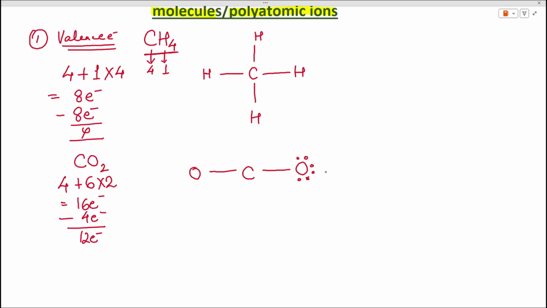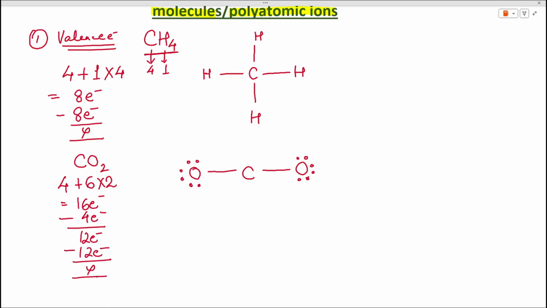This makes the total number of electrons with this oxygen 8. And we are going to do the same thing with the other atom on the left. So 1, 2, 3, 4, 5, 6 we have added, and 2 it already had. So it makes it 8 for this oxygen also. So we have used a total of 6 and 6, which means 12 electrons have been used.